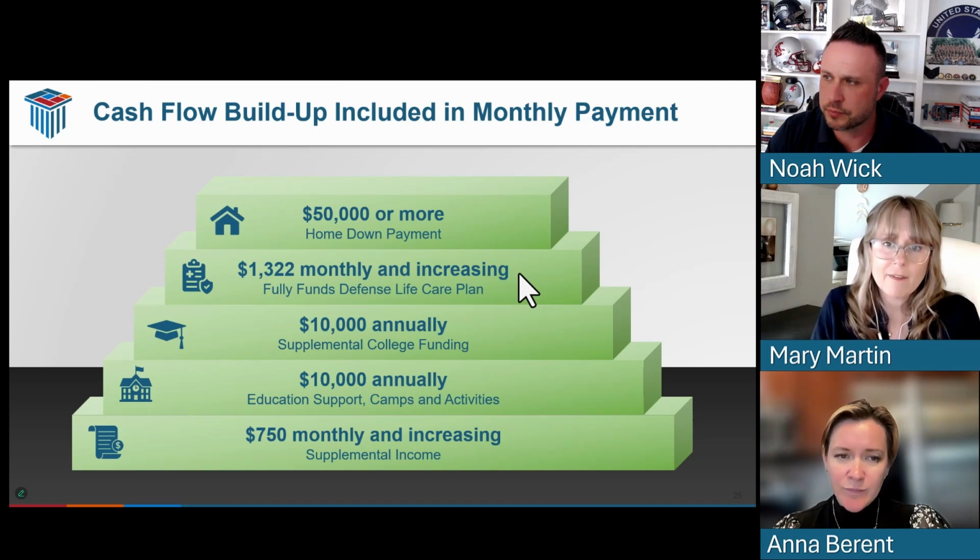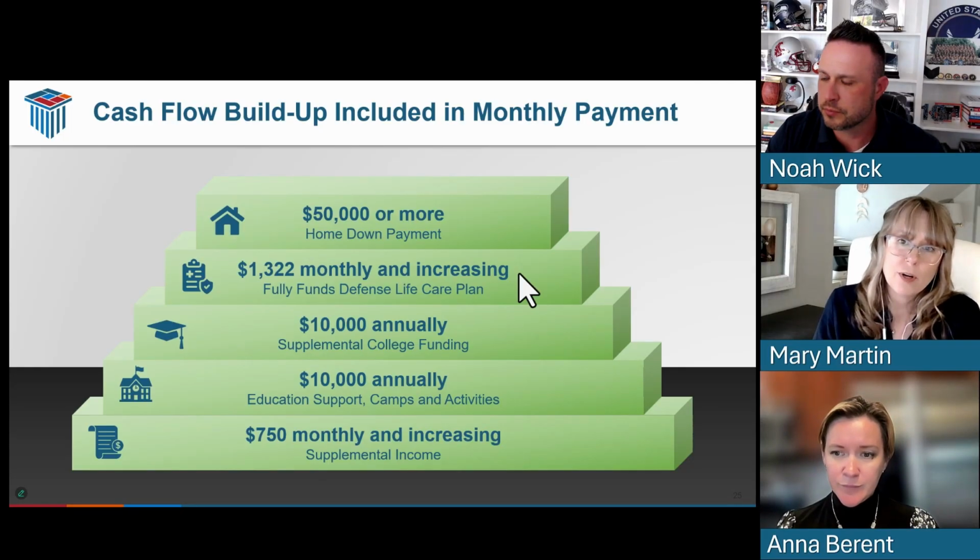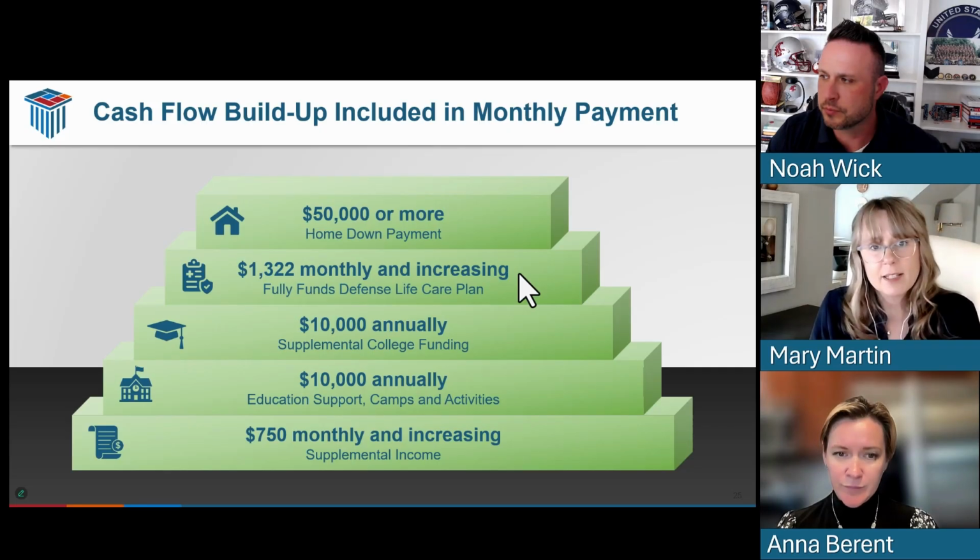She's going to be able to have a home down payment, which is so difficult to achieve these days. We're going to help Allison with college. We're going to help Allison before college go to the best summer camps or have any supplemental education opportunities that her parents might think are best for her.